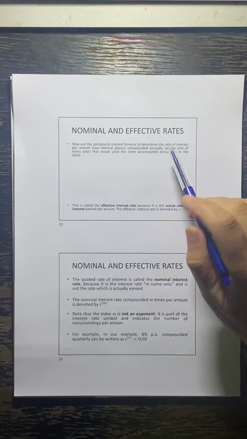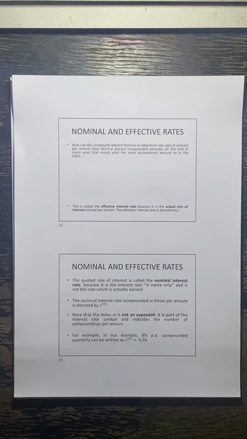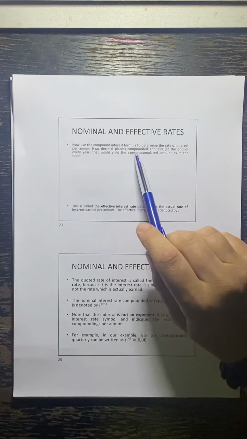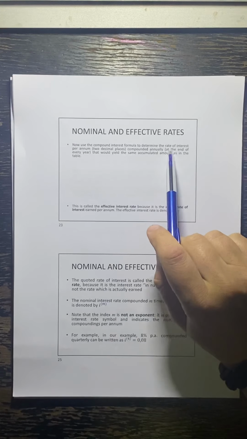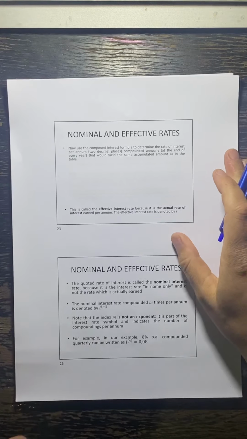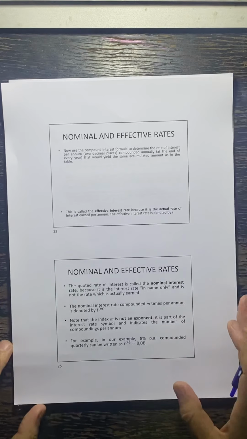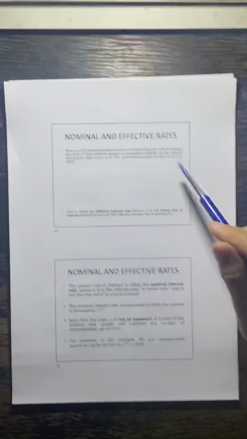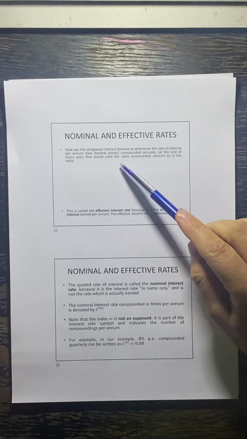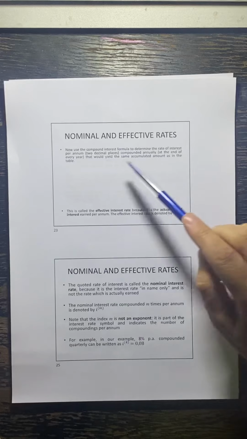So, nominal and effective rates. Now, use the compound interest formula to determine the rate of interest per annum to 2 decimal places, compounded annually at the end of every year, that would yield the same accumulated amount as in the table.